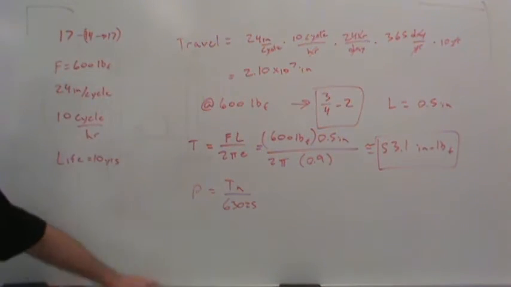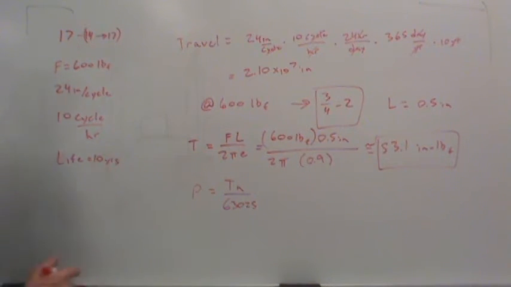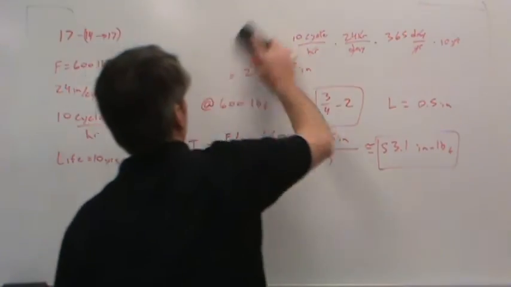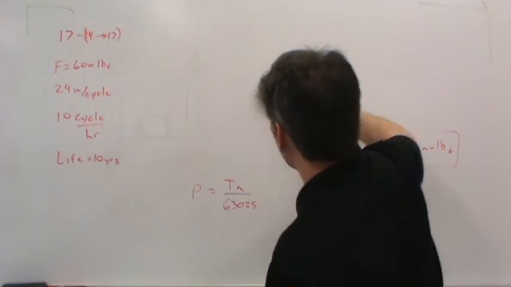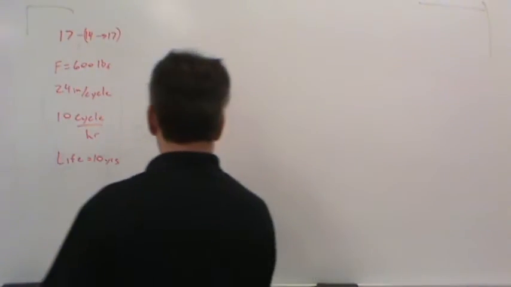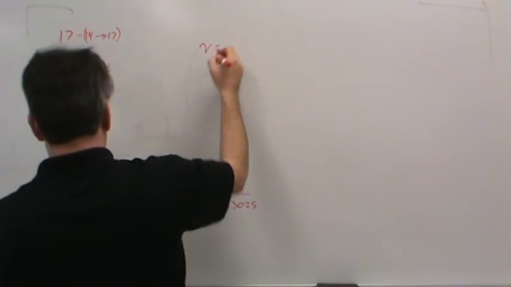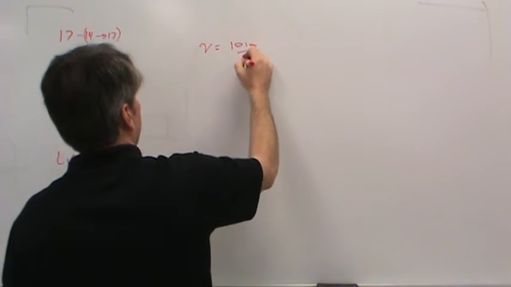So all we're going to do is use the torque speed equation again. You have to be a little bit careful here though, because notice that what was given was the velocity, which is a linear velocity. We really need the rotational speed of the shaft. So the velocity that was given was 10 inches per minute.